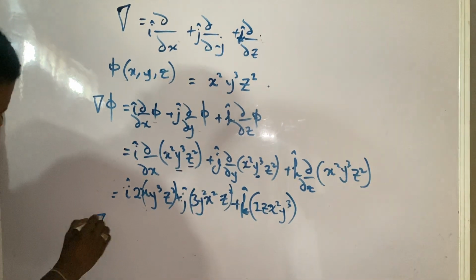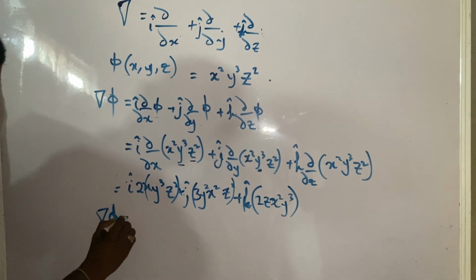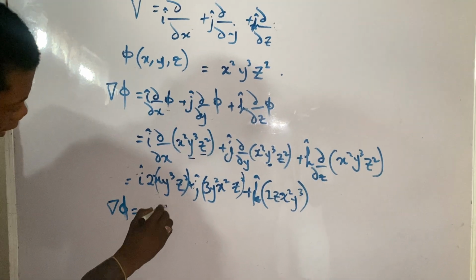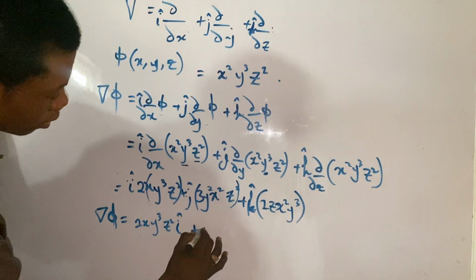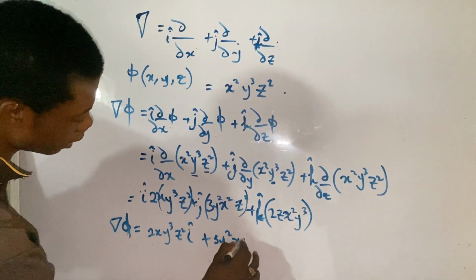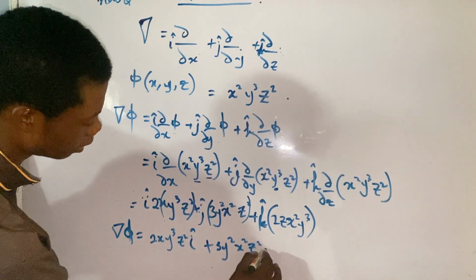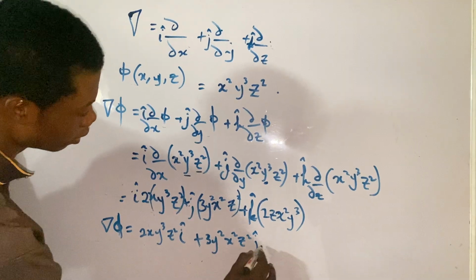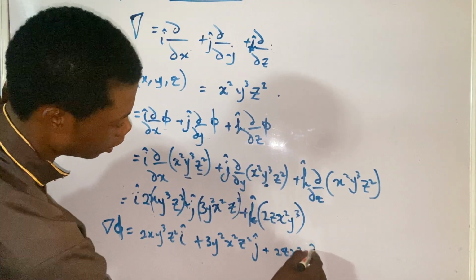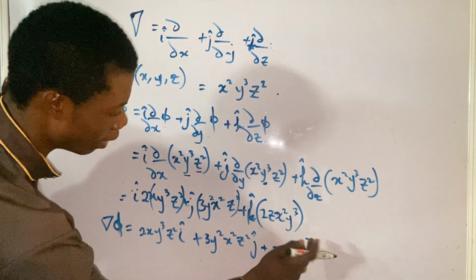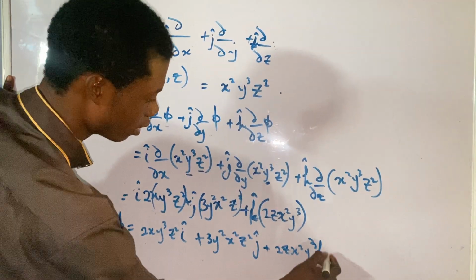That means del phi is equal to 2x y cubed z squared i plus 3y squared x squared z squared j plus 2z x squared y cubed, or 2x squared y cubed z, k.